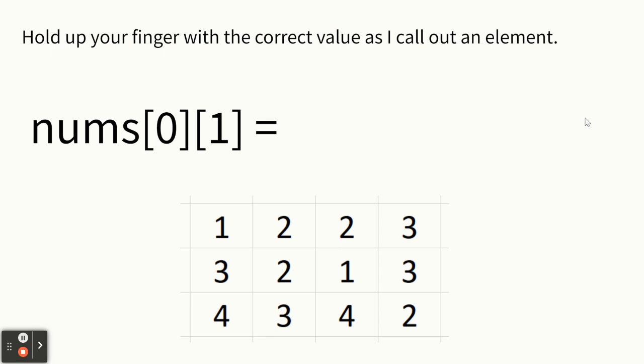Please now answer the question. Oren, what's your guess? I'm not seeing an answer. What number is at the location 0, 1 here? Walker. Okay, I'll just say it out loud. 2. Remember, the first one's the rows. The second one's the columns. So row 0, here we are.